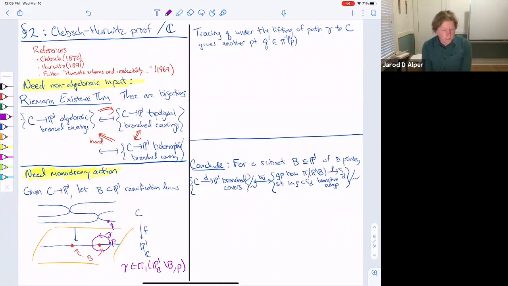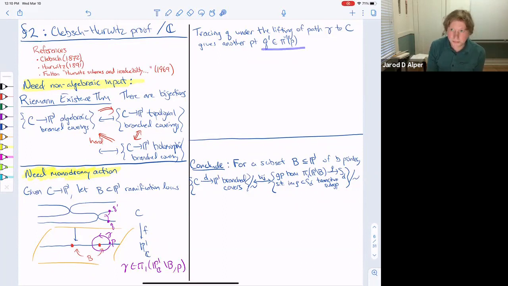Since this is a covering outside B, you can lift this path gamma to C, and you can trace Q under the lifting of this path. It just goes up, and maybe it lands here, Q prime. So tracing points in the fiber under lifts of a cover gives you another point.